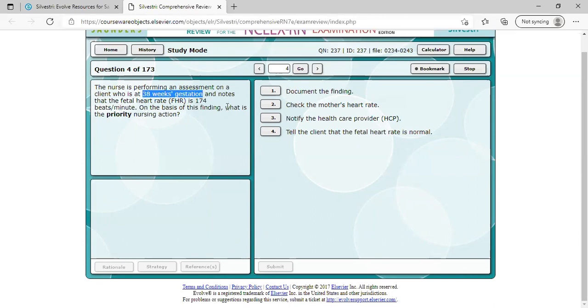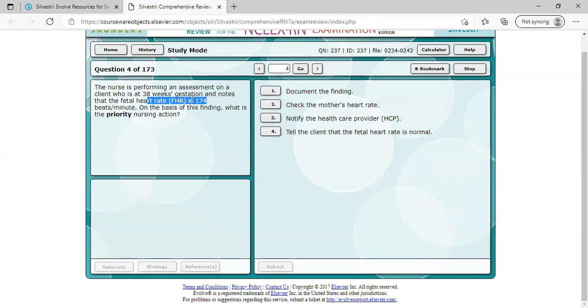On the basis of the findings, what are the priorities of nursing action? So 38 weeks gestation and fetal heart rate 174, right?